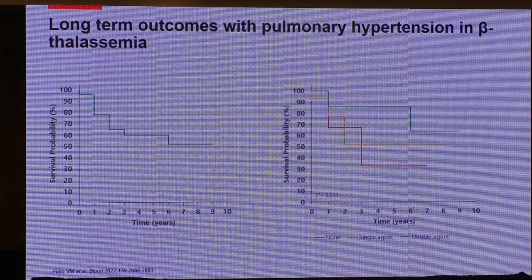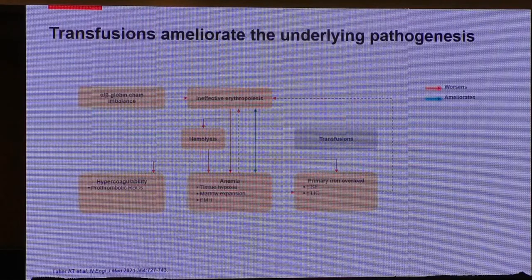So on the graph on the right, you see that definitely patients who had dual agent therapy did better than those who had single agent therapy, than those who had no therapy at all for pulmonary hypertension. But still, we don't currently have clear guidelines on which agents to use. And there's a nice editorial on this paper written by Professor John Wood that calls this a very clear unmet need, that pulmonary hypertension still doesn't have a solution in thalassemia.